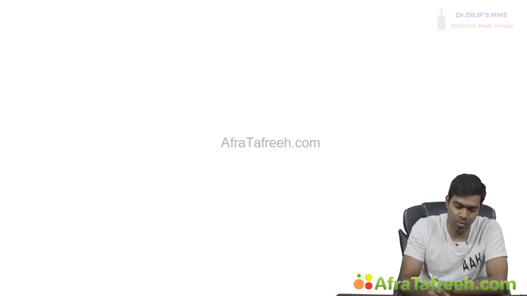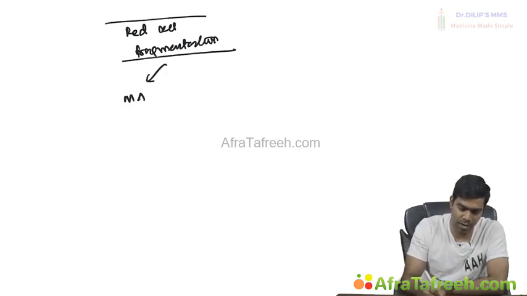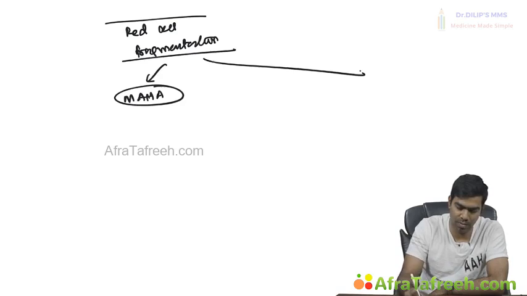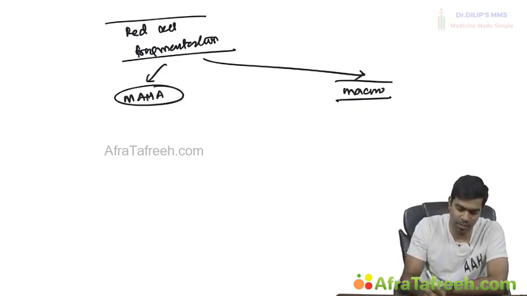Now the only other important thing we have to tell is the red cell fragmentation syndrome. Red cell fragmentation is of two types. One is called microangiopathic hemolytic anemia, and the second is macroangiopathic hemolytic anemia. Whenever you think about a microangiopathic hemolytic anemia, the first thing to think about is the HUS-TTP complex.